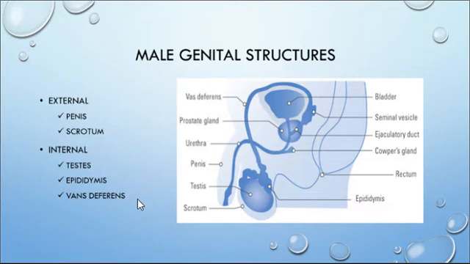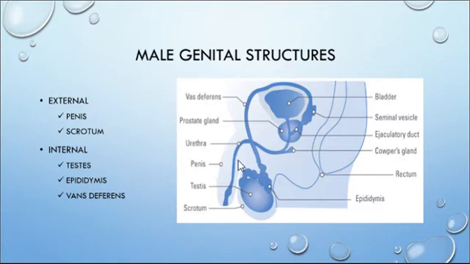So just the general anatomy of the penis and the scrotum, your testes, just some things to be familiar with, where the location of the bladder is. You see here your prostate gland. If the prostate is enlarged, you can see where that's going to obstruct flow and cause symptoms with bladder obstruction or flow obstruction.